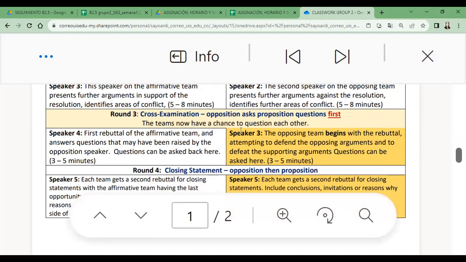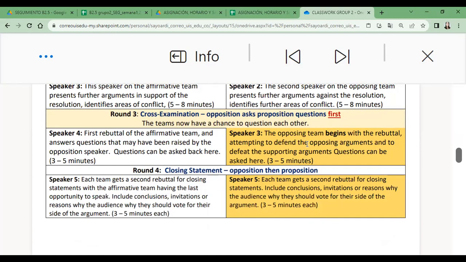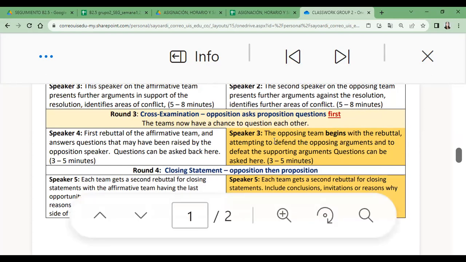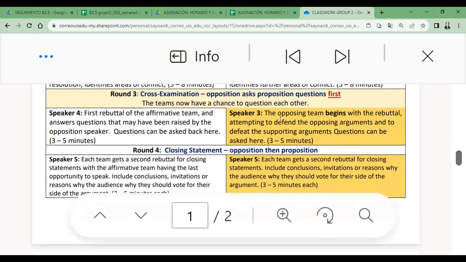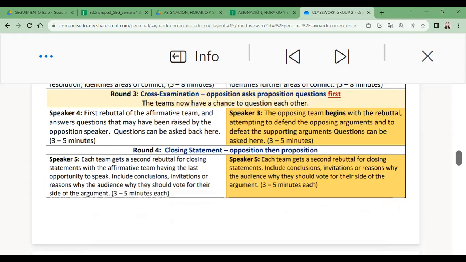The teams now have a chance to question each other. You can answer questions, the other one can answer, you can ask questions, the other one can answer them. But there is only one change here: this yellow thing means that this team is going to start first. Don't worry, I'm going to coordinate. I'm going to be the moderator, so it's okay.